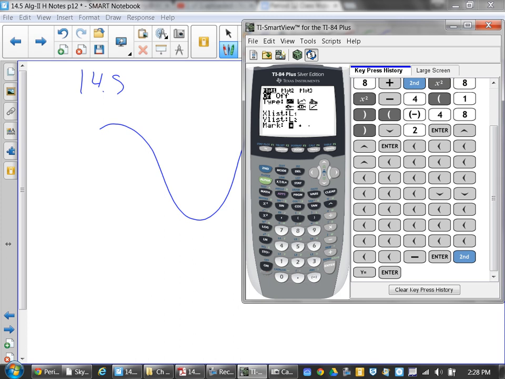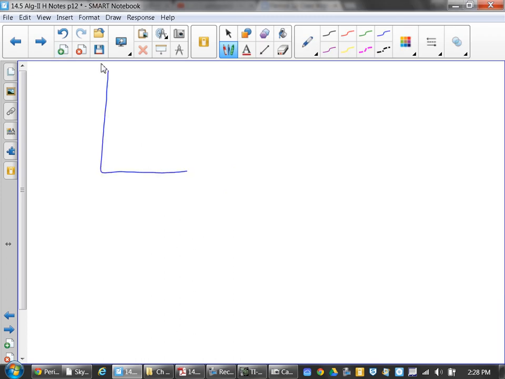Other than that, could you tell what a graph looks like? What kind of a graph is this? Exponential. Wait, no, linear. Which is?